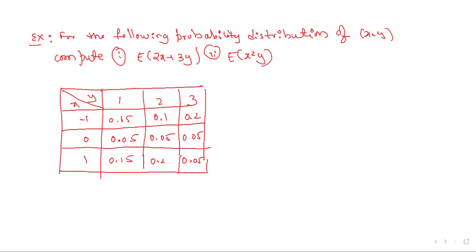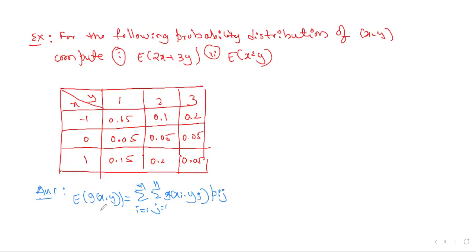For this, in our case, we know that for the discrete case, the mathematical expectation is given by the expected value of g of xy, which is equal to the double summation, i running from 1 to m, j running from 1 to n, of g of xi comma yj into pij.